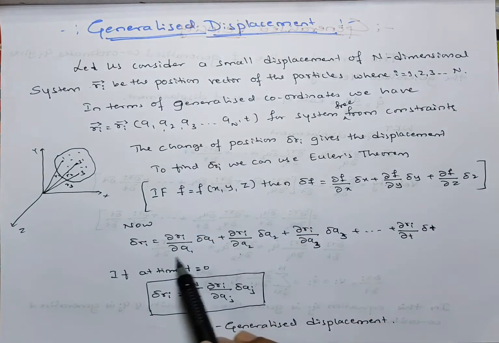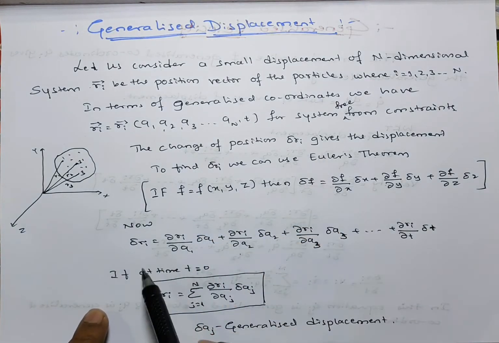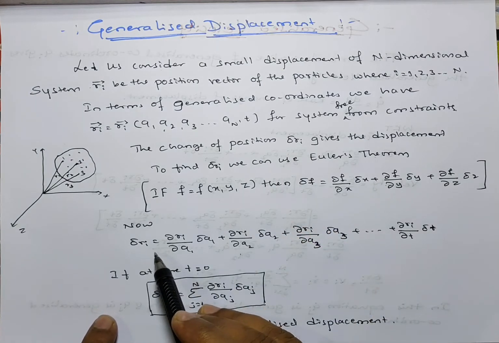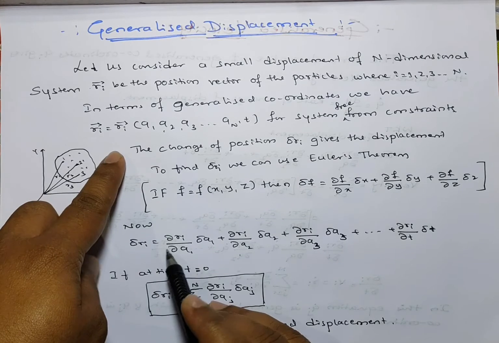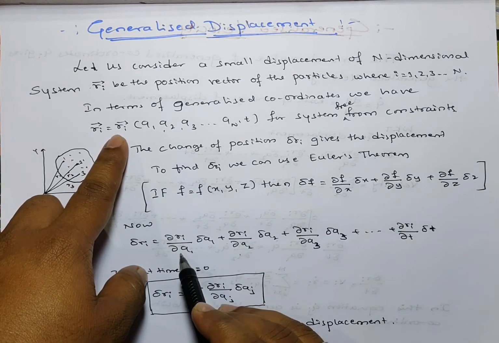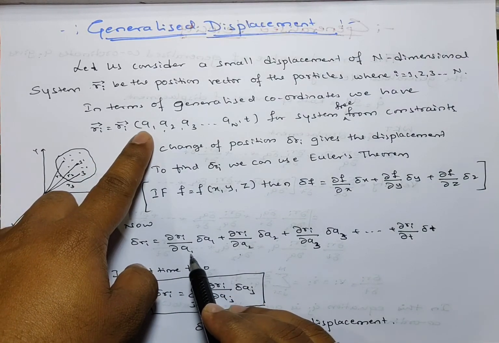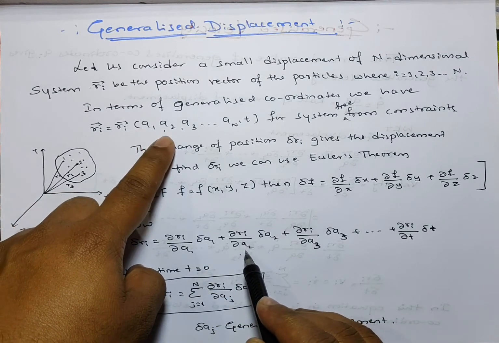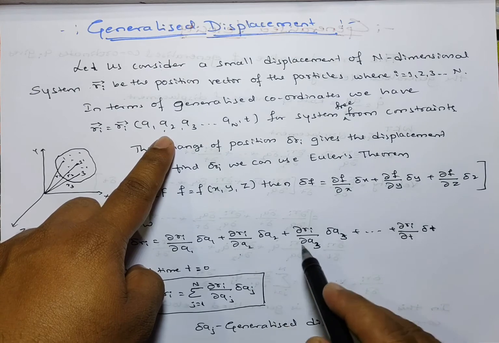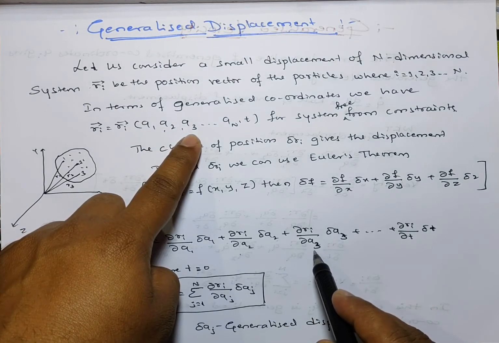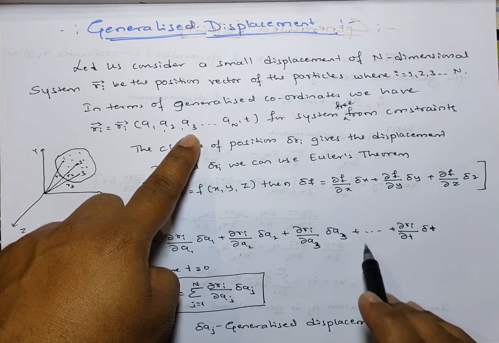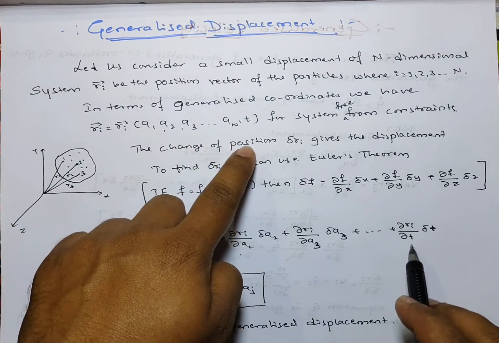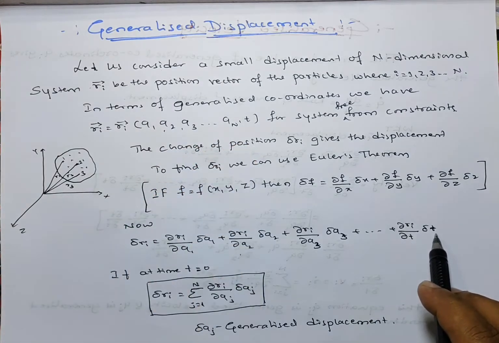Now the generalized displacement, del ri, is equal to dou ri by dou q1 del q1 plus dou ri by dou q2 del q2 plus dou ri by dou q3 del q3 and so on, plus dou ri by dou t del t, with respect to the time function.